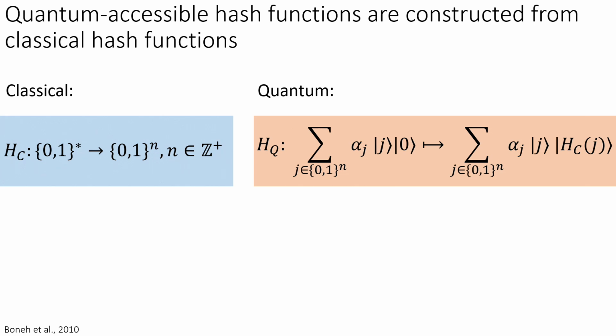On the left, we see a classical hash function mapping some arbitrary bit string to some n-length bit string. We then see on the right that we can construct a quantum accessible or quantum hash function by permitting superposition queries and superposition responses to our classical hash function.